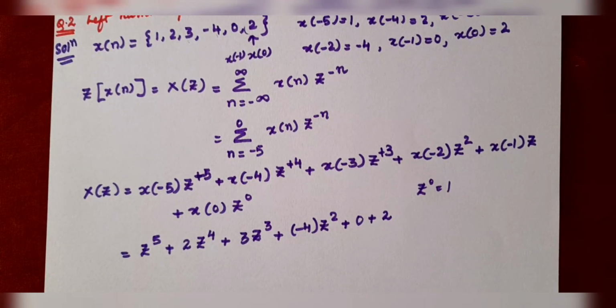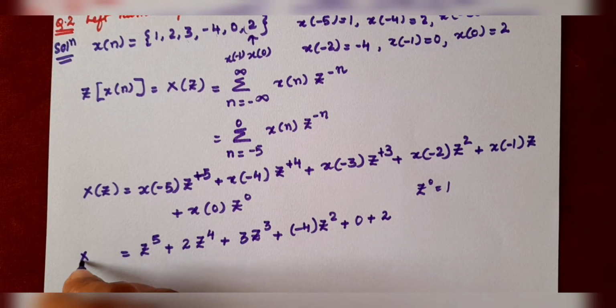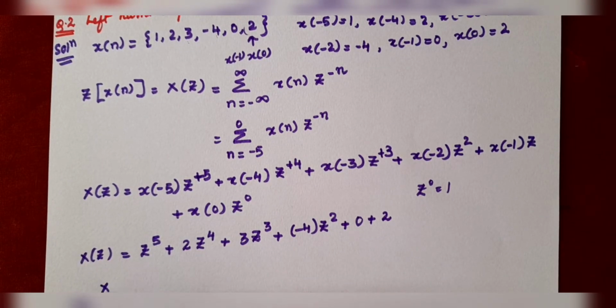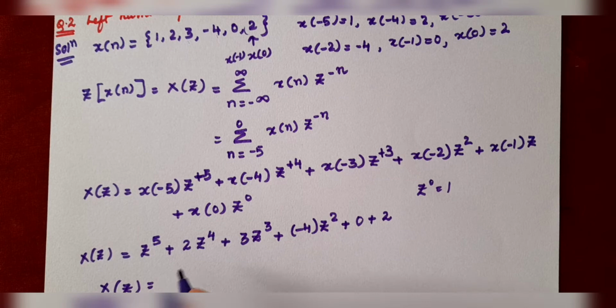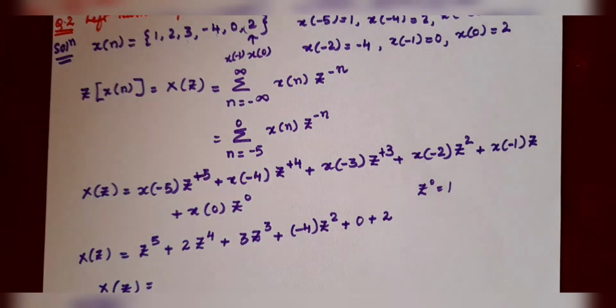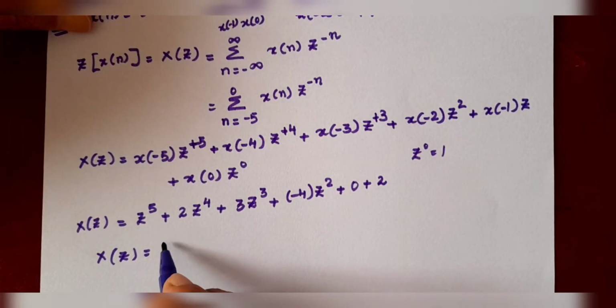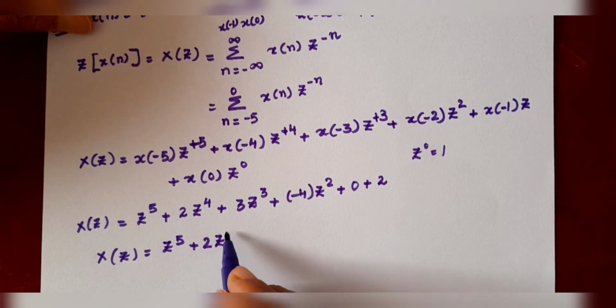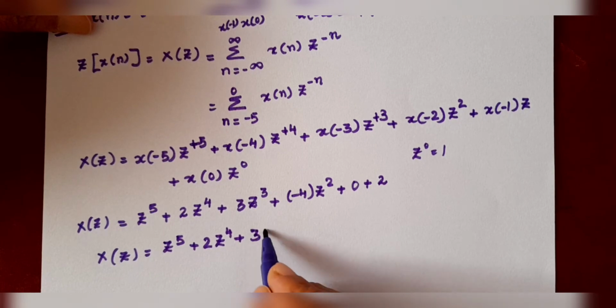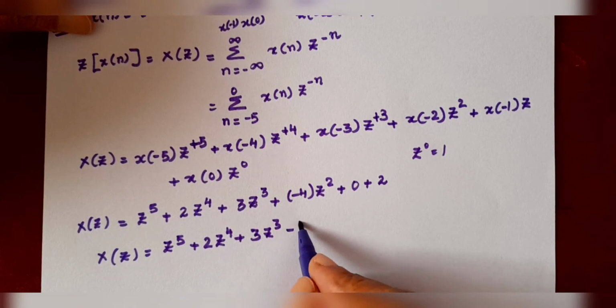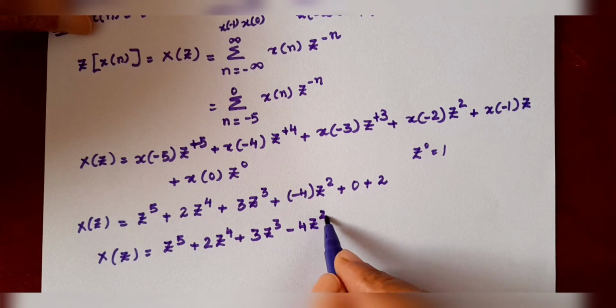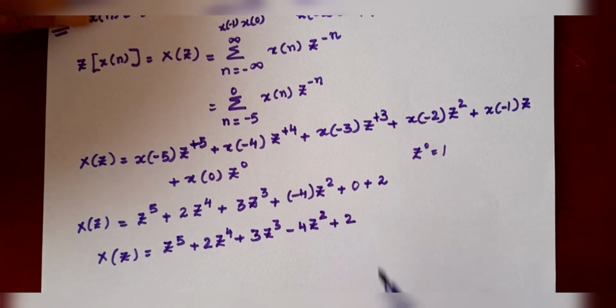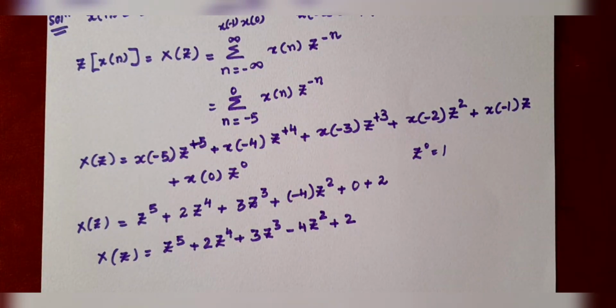Okay. So we get the answer: X of z is coming to be z to the power of 5 plus 2z to the power of 4 plus 3z to the power of 3 minus 4z to the power of 2 plus 2. Okay, this is X of z.